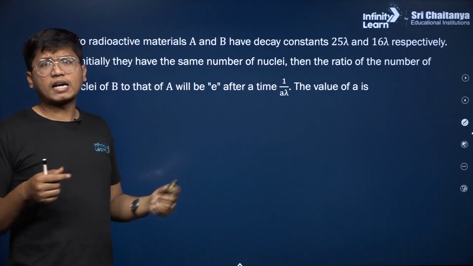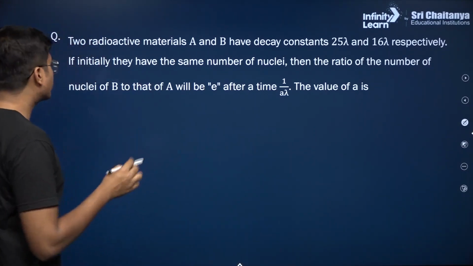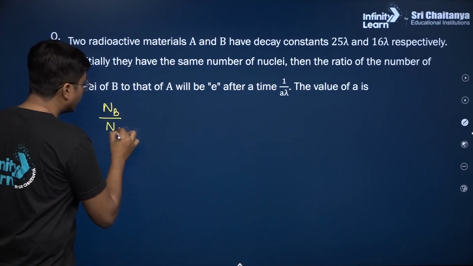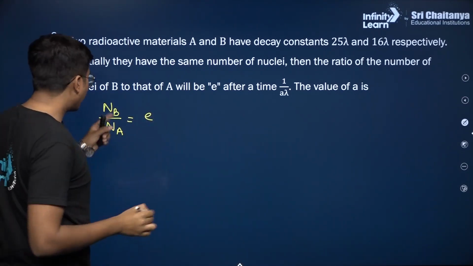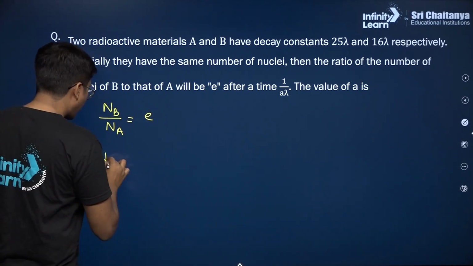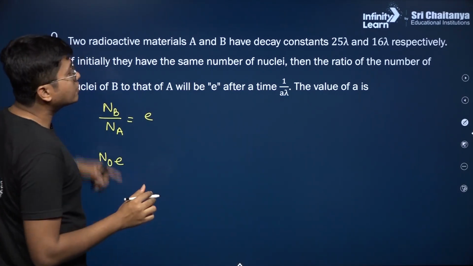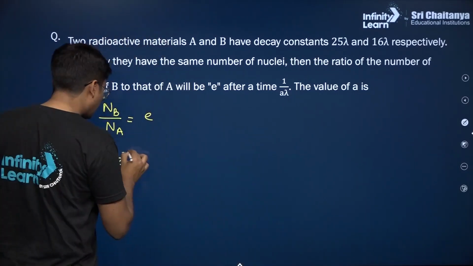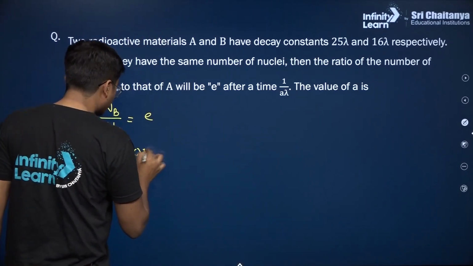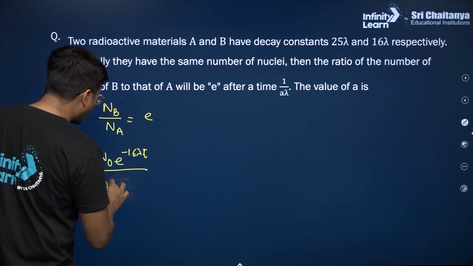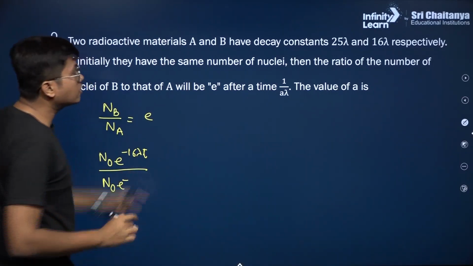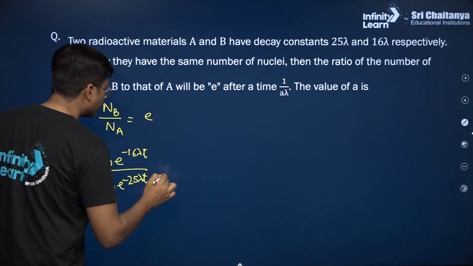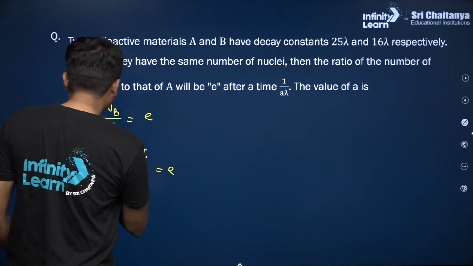So let the time that has passed be T. In that time you want NB by NA is equal to E. Now NB is equal to N naught into e to the power minus lambda t. So lambda for B is 16. So minus 16 lambda t divided by NA would be N naught into e to the power minus, for A it's 25 lambda, so minus 25 lambda t, that is equal to E. So cancel out the N naughts.